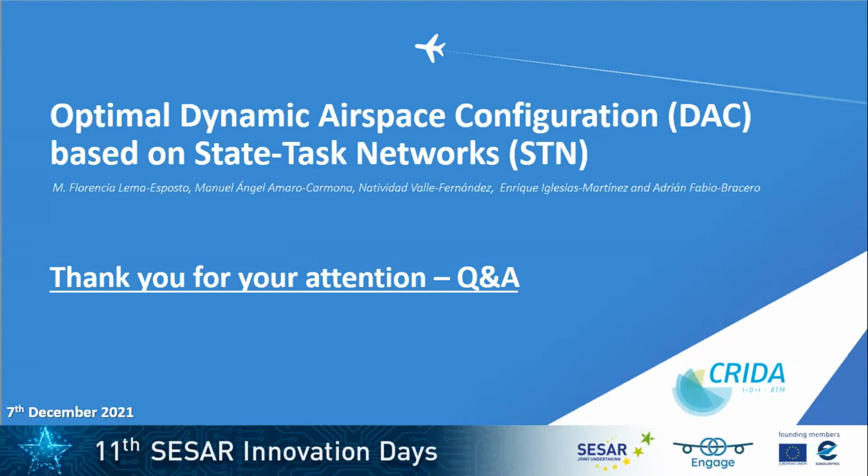Another thing is what capacity you have in mind. Is it the capacity of passing aircraft through the airspace or sector, or is capacity measured by the number of aircraft at the same time under the frequency of air traffic controllers?